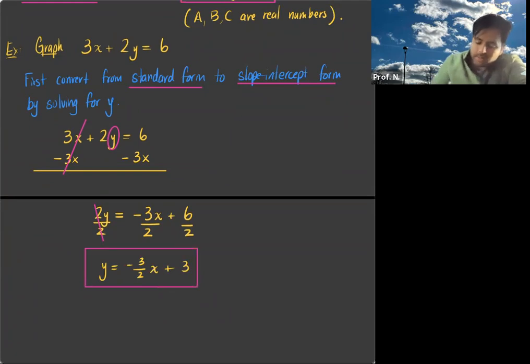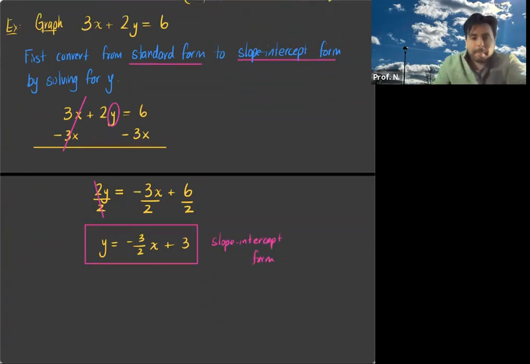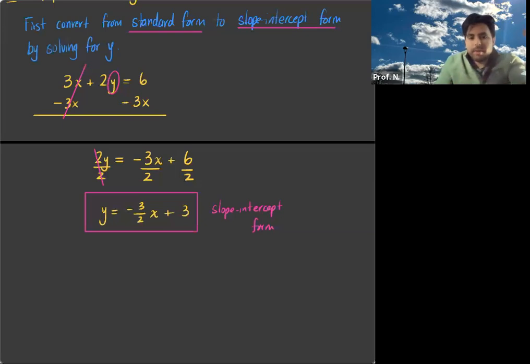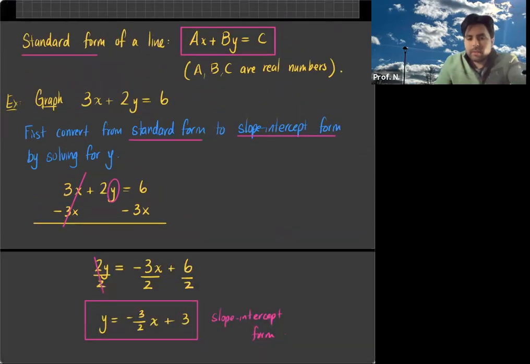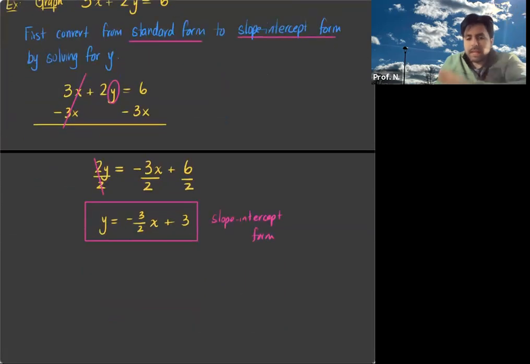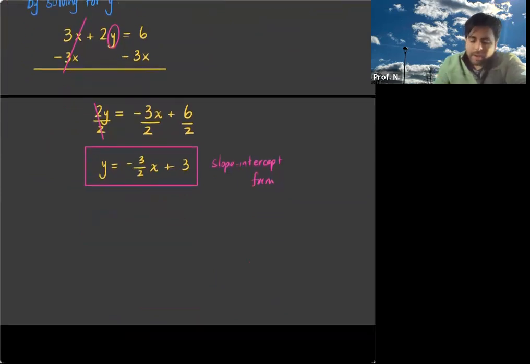And so this now is the slope-intercept form. Okay, so we went from standard form, 3x plus 2y equals 6, and converted it to slope-intercept form, y equals negative 3 halves x plus 3. And now we can graph it.